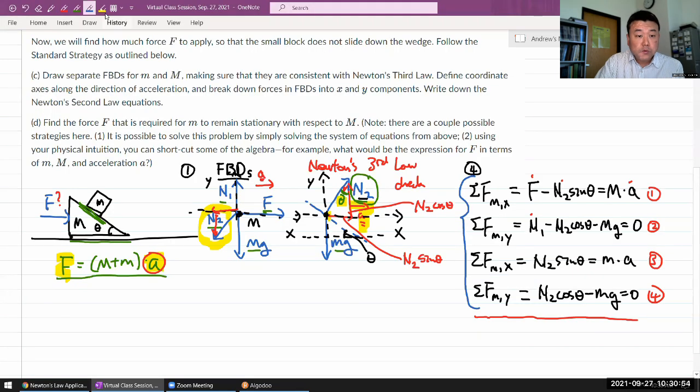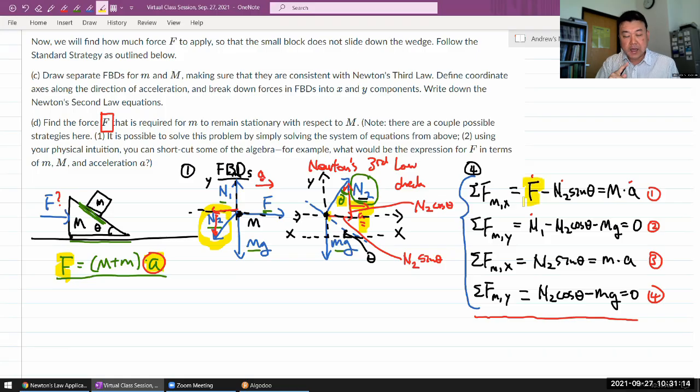So we are looking for a particular quantity of force that is required to do something. That was our whole setup of the question. So what that means is this force, I'm looking for it, but it's the thing I want to solve at the very end.